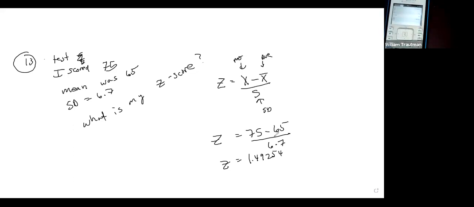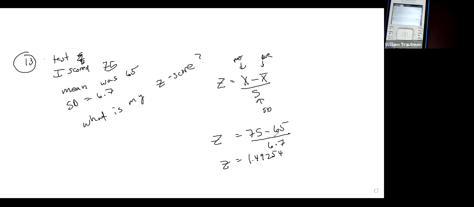See, I don't have my workbook with me. I think Z-scores are always one decimal place. I'm going to look that up before I leave, so somebody remind me, I'm going to write it down.